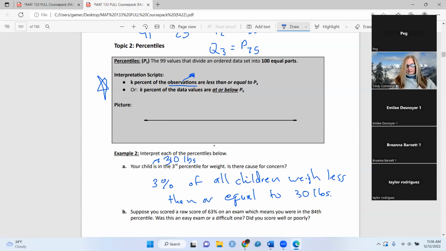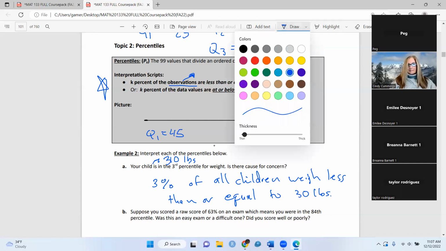That would be how you would interpret that third percentile. So if our Q1 was like, I don't know, 45 pounds, we would just say 25% of all children weigh less than or equal to 45 pounds. Is that helping? Is that making sense?